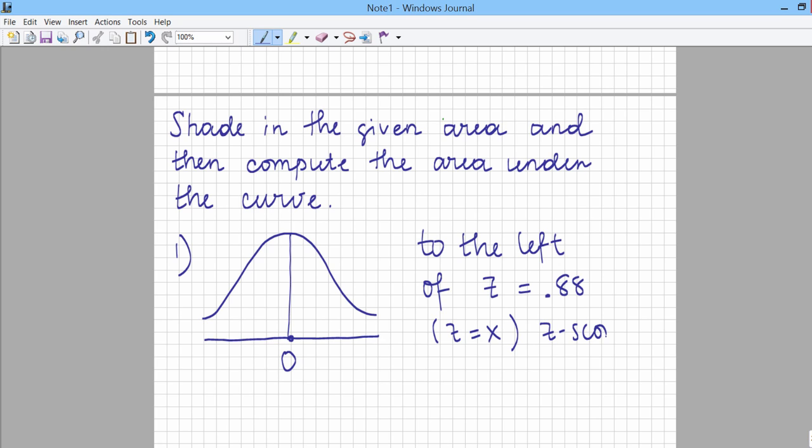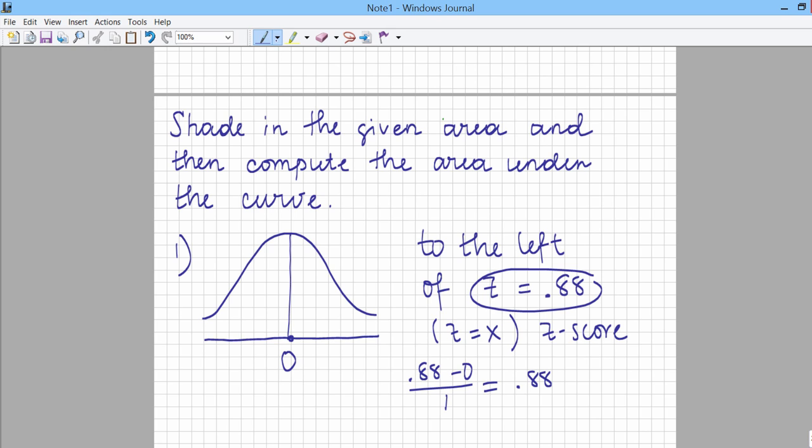So if you were to compute the z-score for this particular case, you would do 0.88 minus 0 over 1, but that's just 0.88, right? And it's true because we're dealing with standard normal. So z in this case represents the distance from the mean, which is 0.